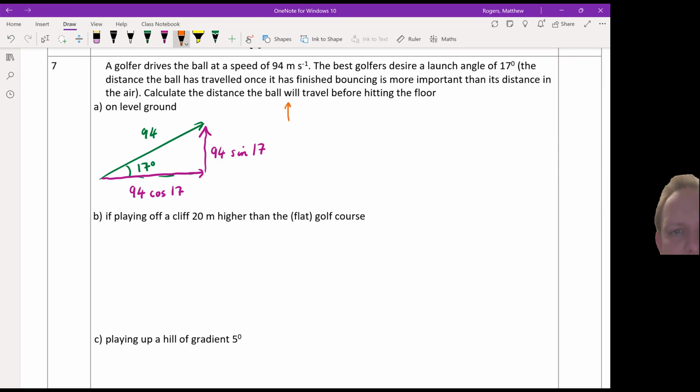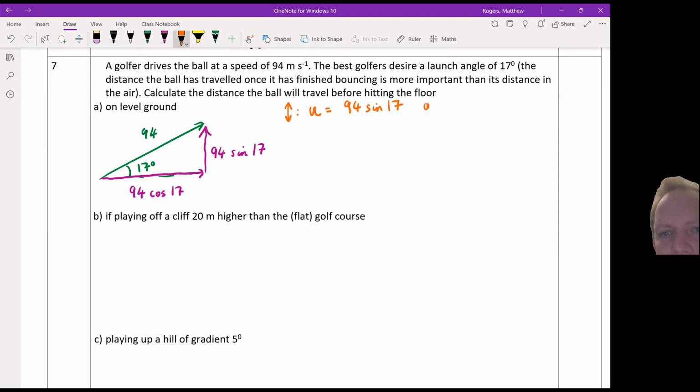So to answer a projectile question like this, the first thing we're going to do is look in the vertical direction. We know that the vertical motion is independent of the horizontal motion. In the vertical direction, it starts traveling up at 94 sine 17 meters per second. It's in the upwards direction, so we'll leave it as positive.